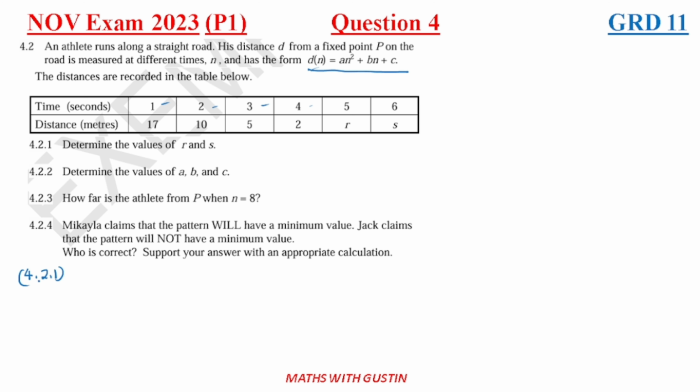4.2.1. All right, so we have got 17, 10, 5, 2. Then we need this number and this number here, which is r and s.